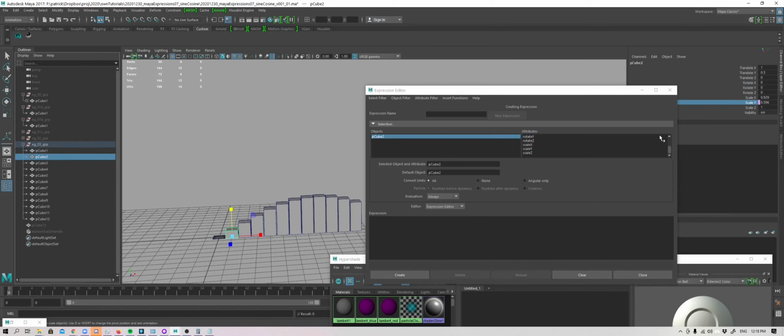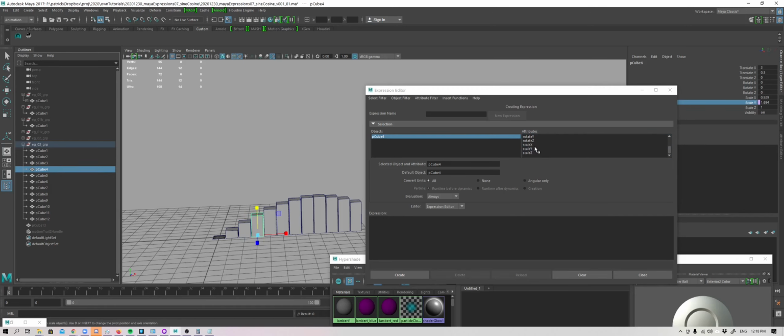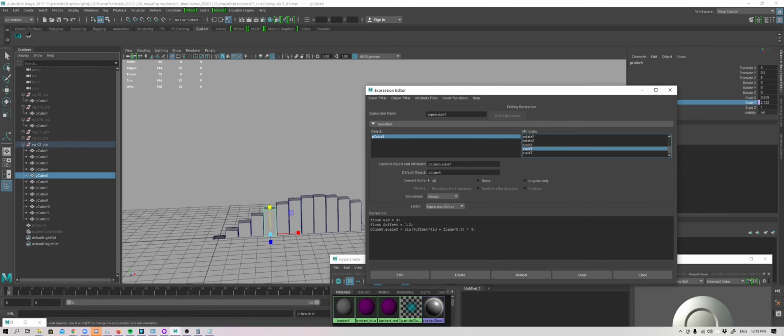Maybe in another video I might talk about that. Okay, so scale y. So the ID has been increased to 1. The next one, scale y, the ID is now 2. And then scale y, the ID is now 3, and the offset always remains the same. ID is 4, so only that ID for each block is increasing, and by that, at any frame, these blocks are offsetted from each other.